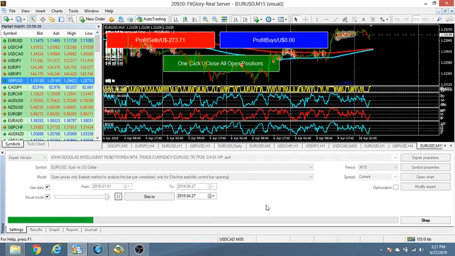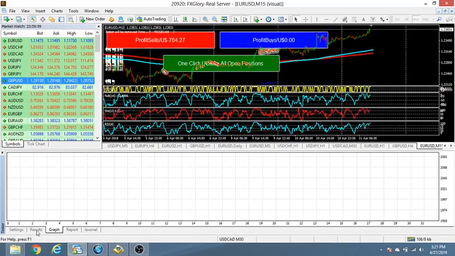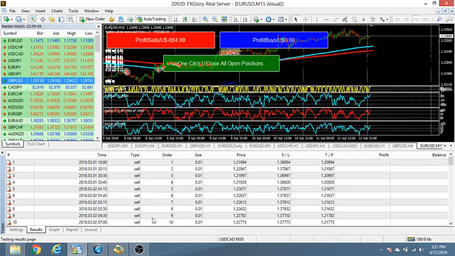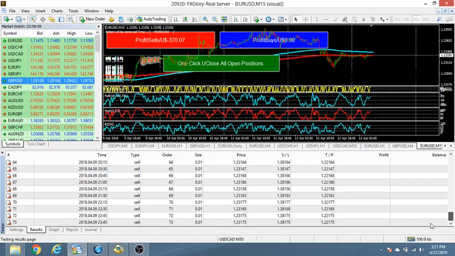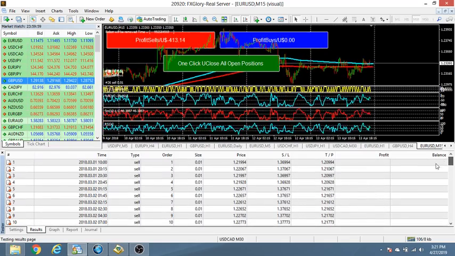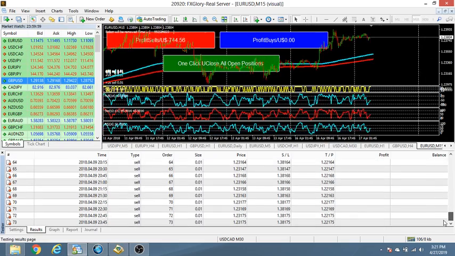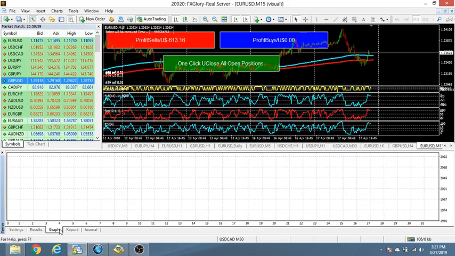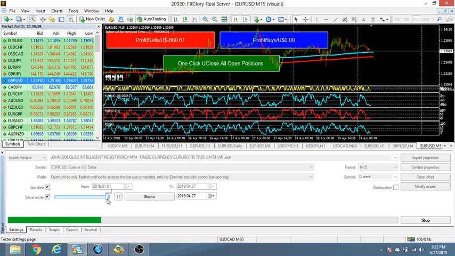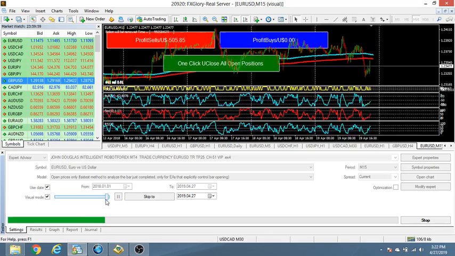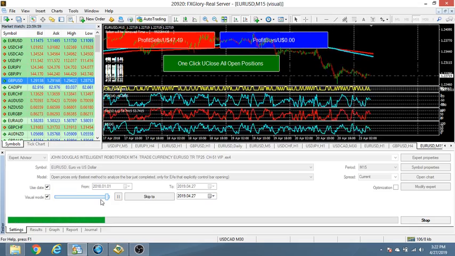And this is the 15-minute time frame, and you can see the data here. When the condition is correct, it will open all by itself.